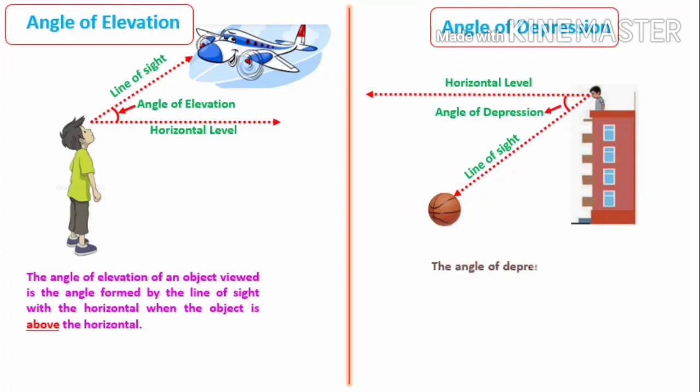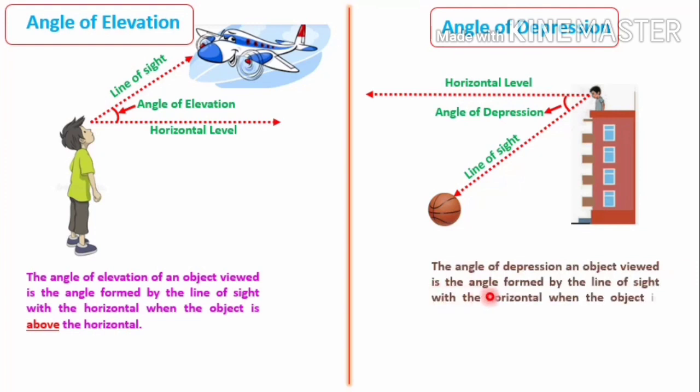So the angle of depression of an object viewed is the angle formed by the line of sight with the horizontal when the object is below the horizontal. Here you must remember the word below the horizontal. So angle of depression will be formed when the object is below the horizontal, and angle of elevation will be formed when the object is above the horizontal.